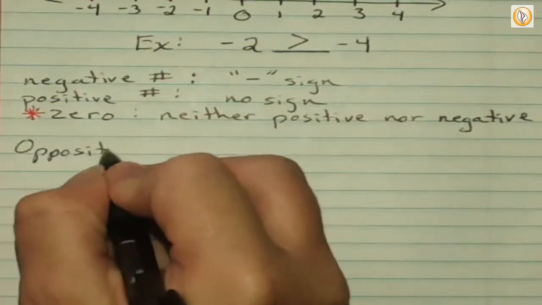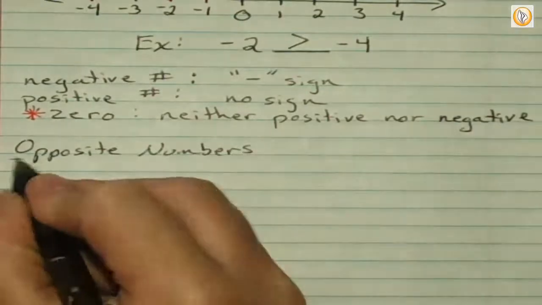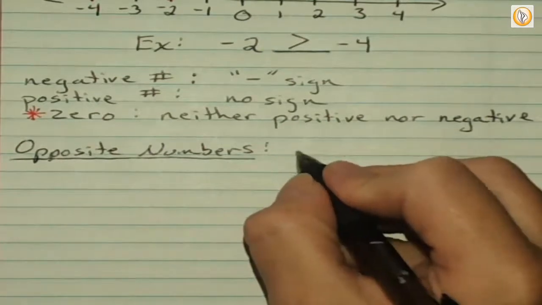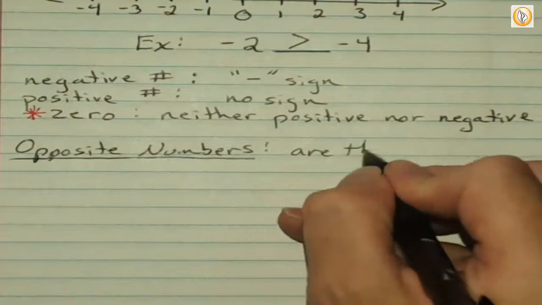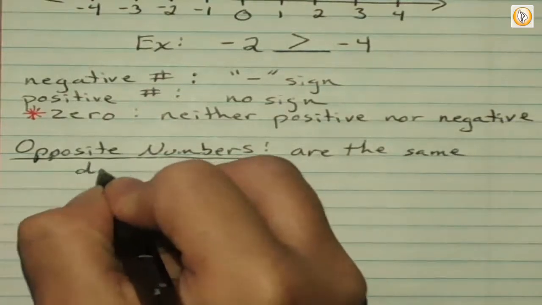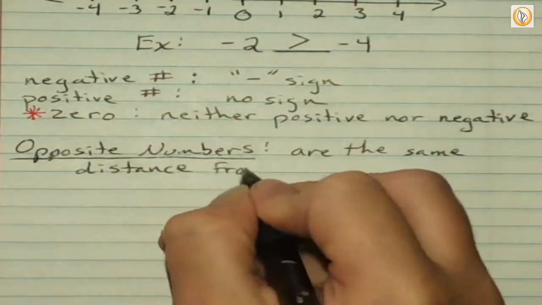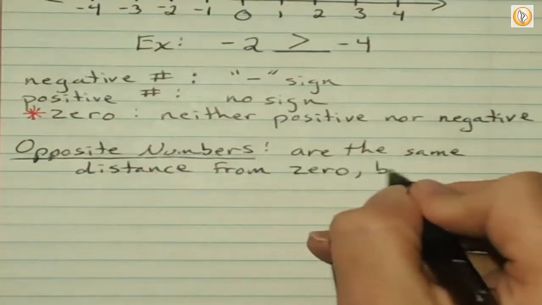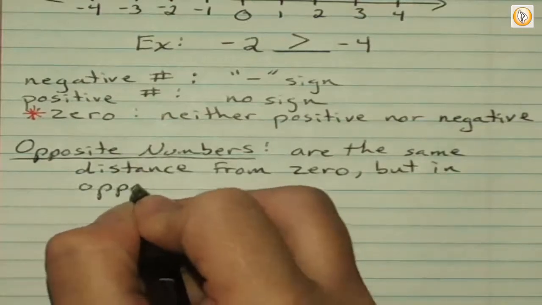Opposite numbers. Opposite numbers are the same distance from 0, but in opposite directions.